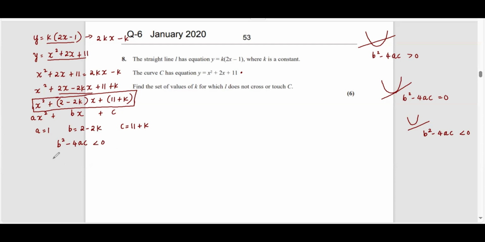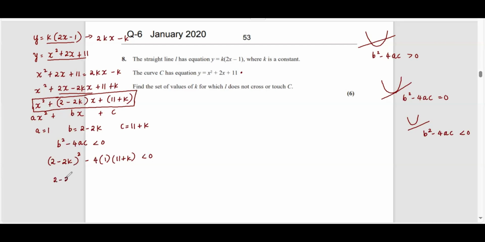b is 2 minus 2k. So b squared will be 2 minus 2k the whole squared, minus 4 into a, which is 1, and c is 11 plus k. It is less than 0. Now 2 minus 2k the whole squared, we can expand the bracket.